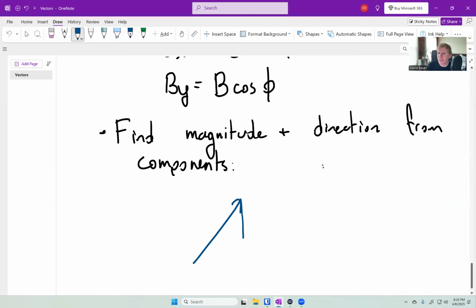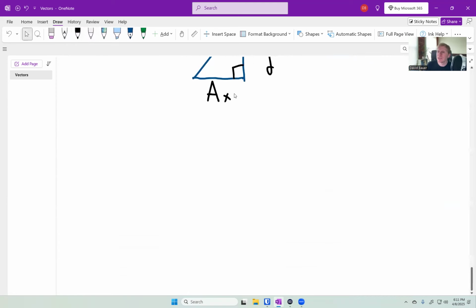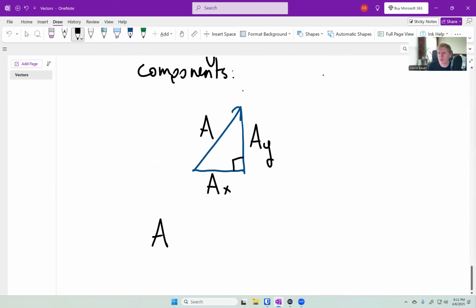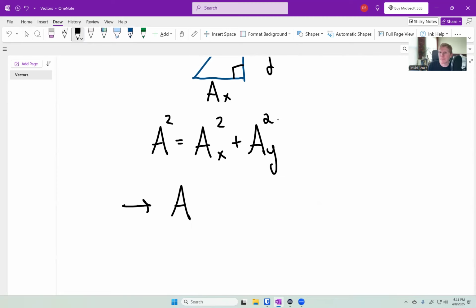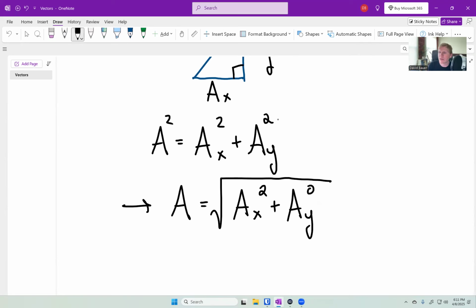Again, the magnitude is the length of the vector, which we're thinking of as the hypotenuse of this triangle, and the sides are a sub x and a sub y. So the magnitude is related to the sides by the Pythagorean theorem. Okay, so I have this formula for the magnitude of the vector in terms of the components.